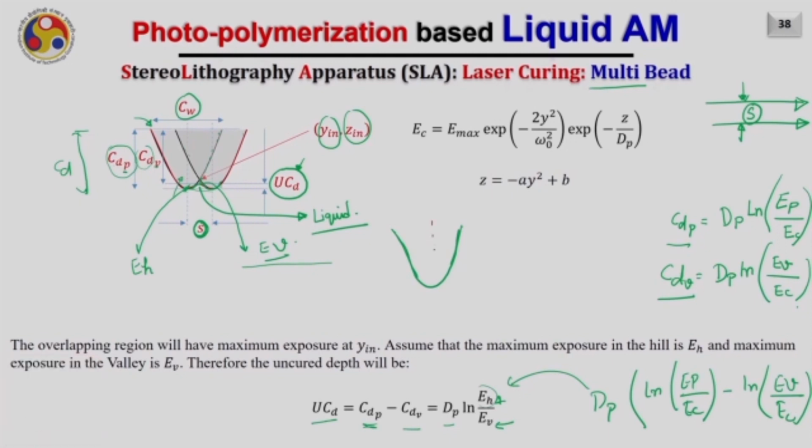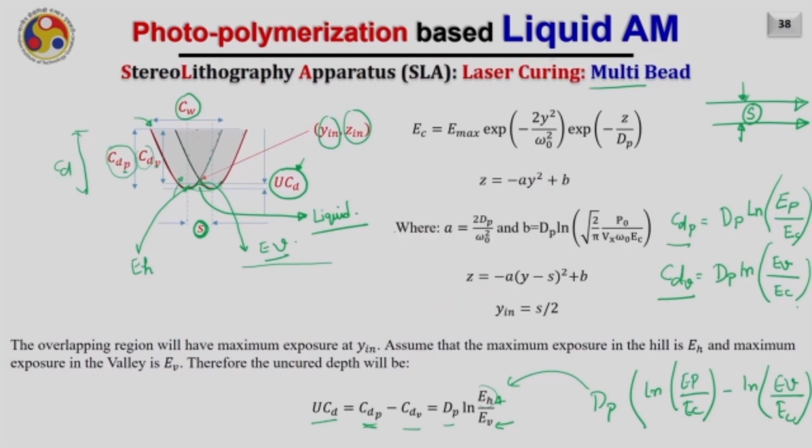In that case, I am considering only this point, right? So another beam is overlapping this much. If it is overlapping this much, energy will also transfer here, and hence your bead width may increase further. So the total energy you are exposing at a particular line, maybe I am assuming at the center line, will be even more. And you can see that the maximum energy you are giving will be at the intersection.